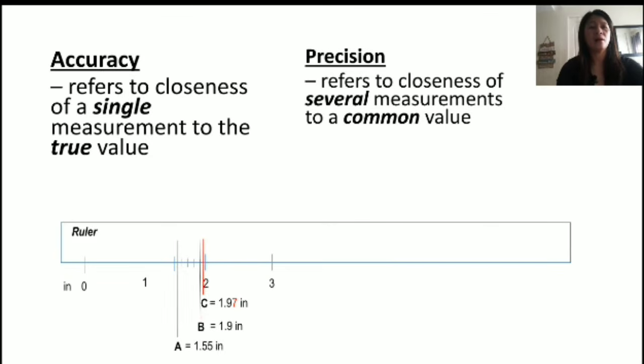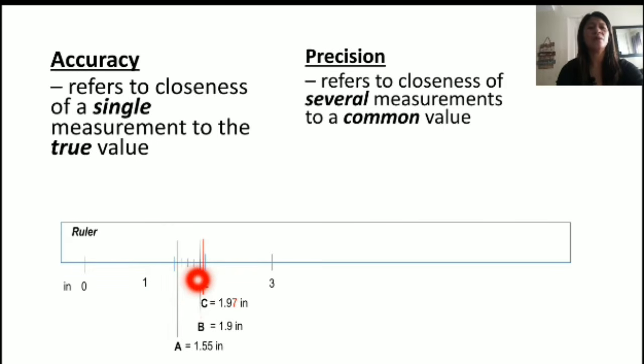Let's have this as an example. Let's make use of a ruler. Notice here 3 measurements A, B, and C. We have different measurements of length. A, we have 1.55 inches. B, we have 1.97 inches. C, we have 1.97 inches.